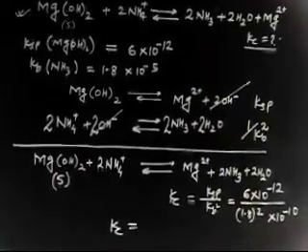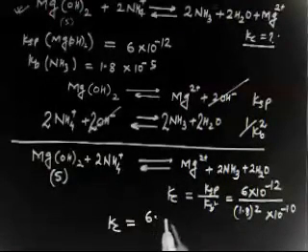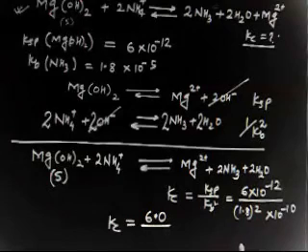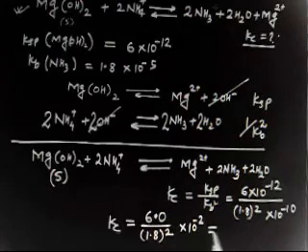So for this reaction Kc is equal to 6 by 1.8 whole square. So let us write 6.0, basically 6 by 1.8 whole square, into 10 to the power minus 2. If you remember, 1.8 whole square is 3.24. Now I can use my calculator. Let me see where I have kept my calculator.